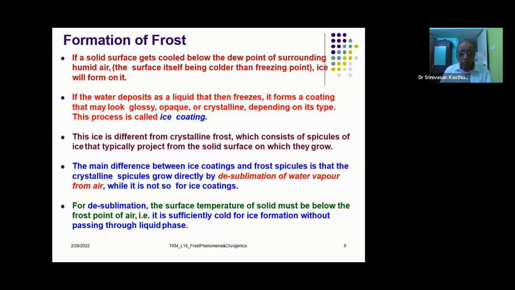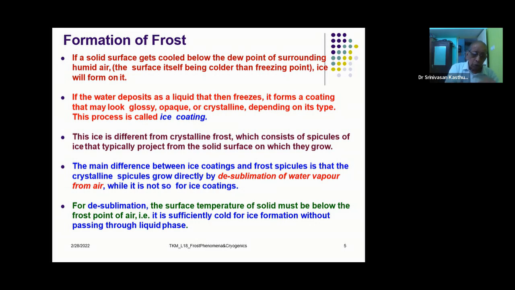Spicules are something different. The frost spicules are formed because the temperature of the surface is much lower. So the water vapor, instead of becoming water, doesn't go through the liquefaction state.